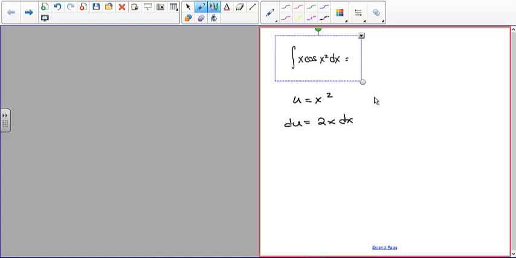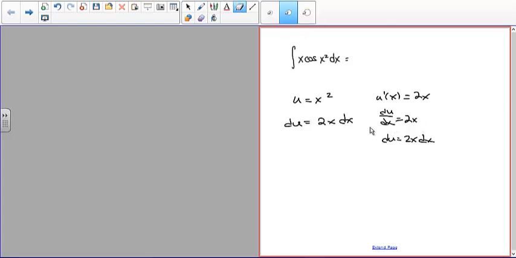And again, from yesterday, if I did u prime of x equals 2x, and then I wrote u prime of x is du dx, and then I multiplied both sides by dx, I get the same answer. But it's easier just to go from here to here by taking the derivative and then adding the dx, instead of having to separate it and rewrite it like that.